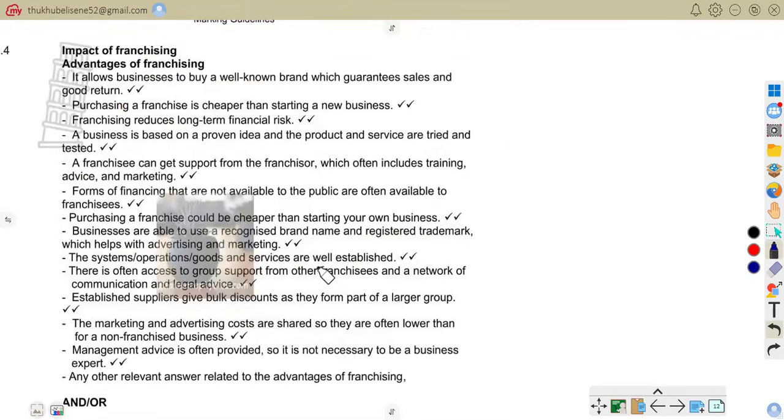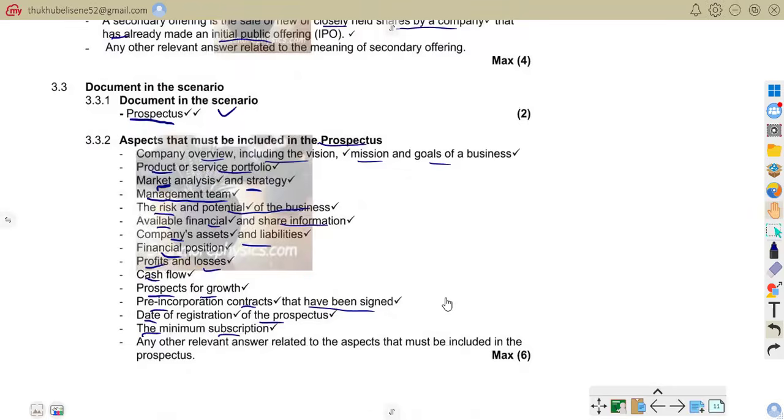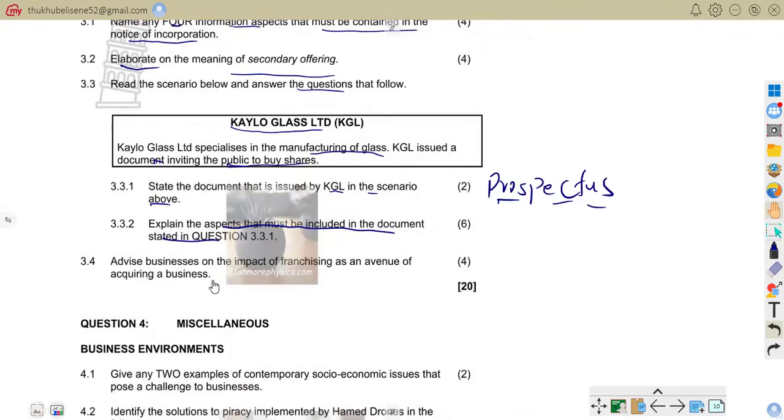Now we are to go to 3.4. 3.4 is about the impact of franchising as an avenue of acquiring a business.